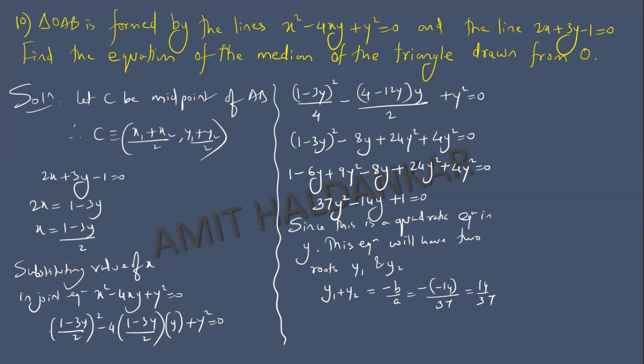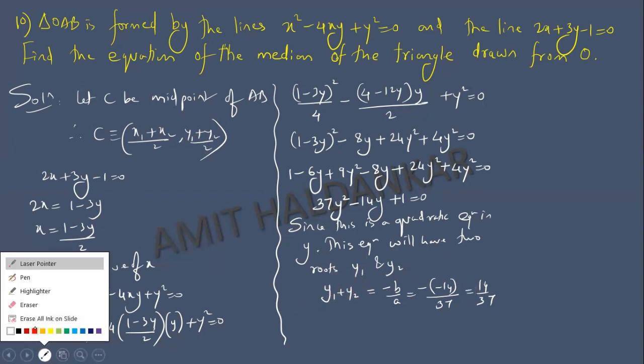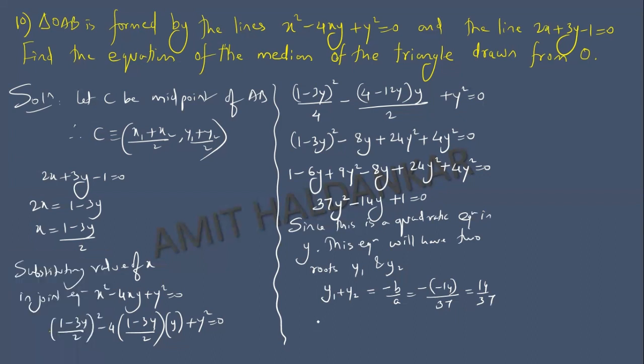I will use this to find the y coordinate. Now check, this is the thing that we require over here. We require y1 plus y2 by 2. But I got y1 plus y2. Now I'll divide both sides by 2. So if I divide both sides by 2, what I get over here is y1 plus y2 by 2.